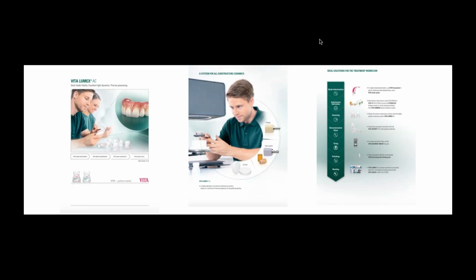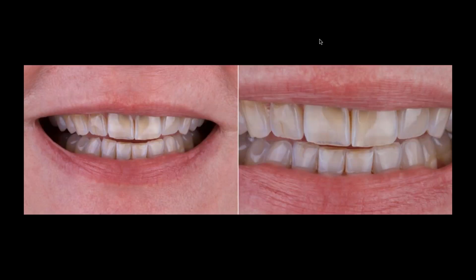So it's one very versatile system because you can use it on different substructures. And the nice thing about this, I always tell the young technicians, is that the more you use one ceramic, the better you become with it. You get more training, expertise, tips and tricks, and here you can apply them with multiple substructures.